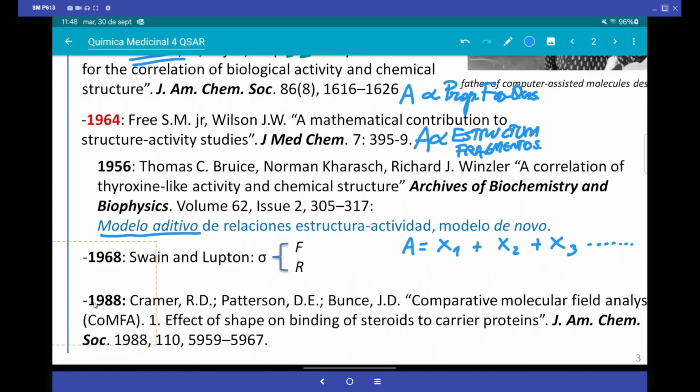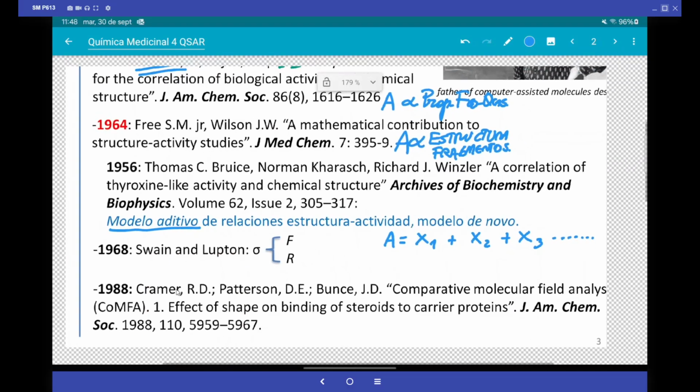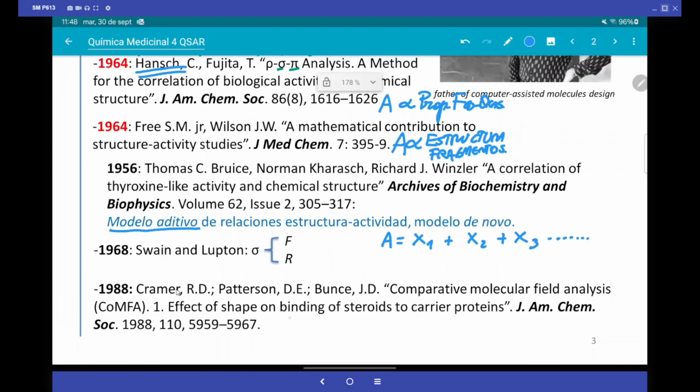1988 was the last big leap towards modernity, because Cramer and collaborators published what was first known as a 3D QSAR study, or three-dimensional QSAR, where you are no longer going to correlate biological activity only with flat physicochemical properties, but with global properties of the entire molecule.